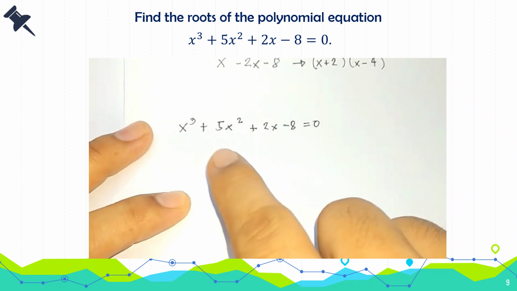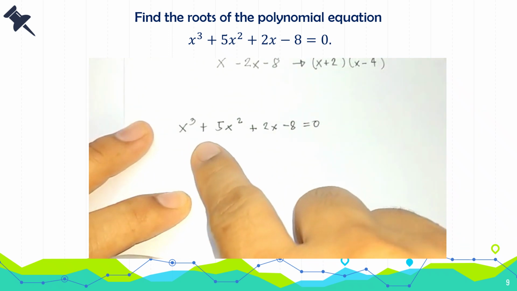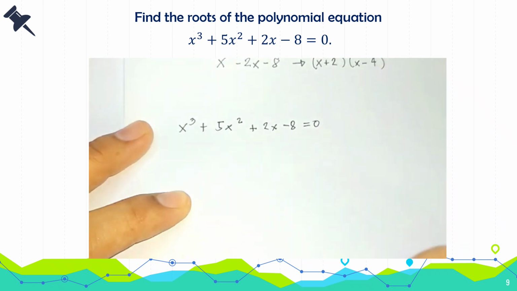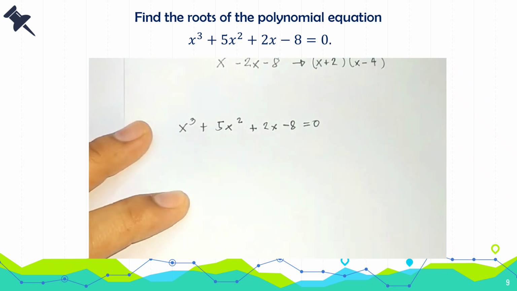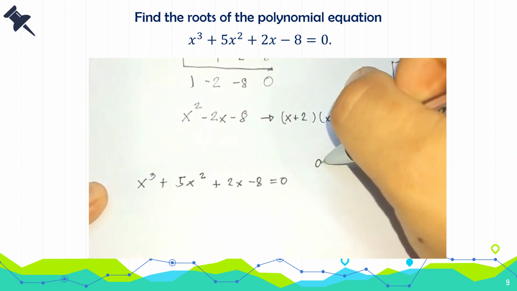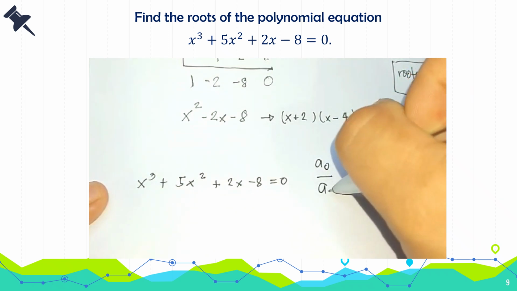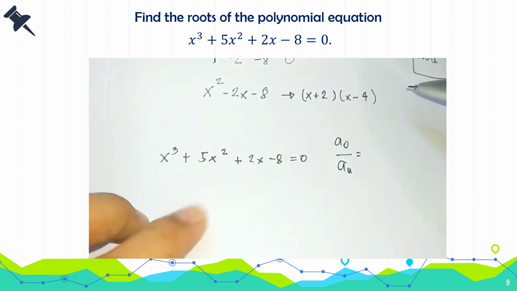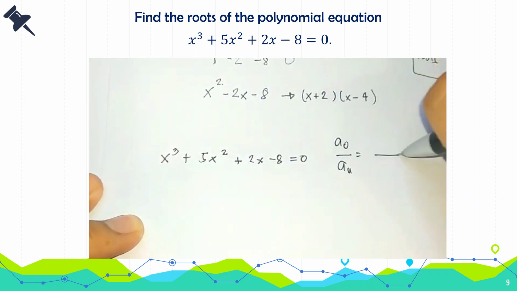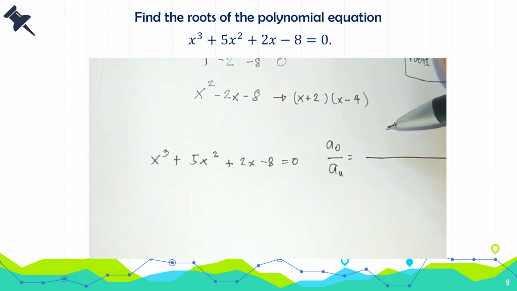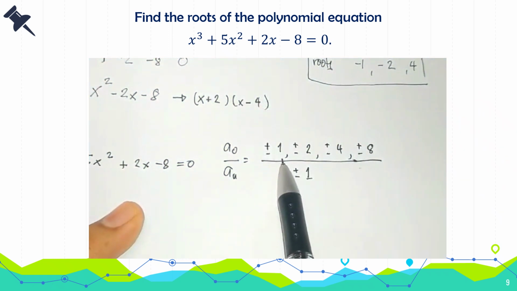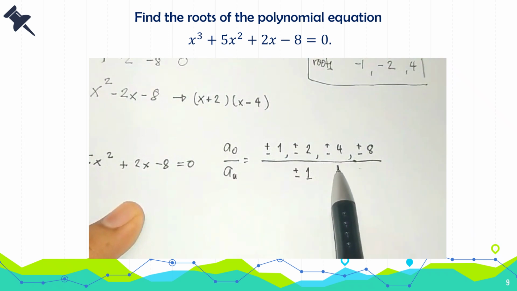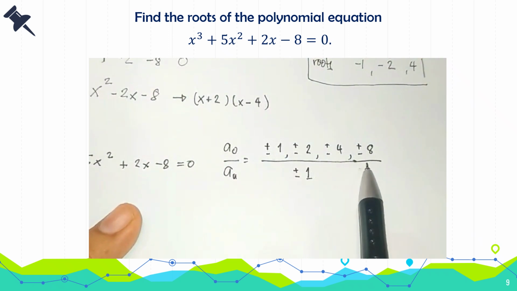Next example, we will have the polynomial x cubed plus 5x squared plus 2x minus 8 equals 0. Let's identify first our a sub 0 and our a sub n. So our constant is negative 8, and the factors of our constant will be plus or minus 1, plus or minus 2, plus or minus 4, plus or minus 8.